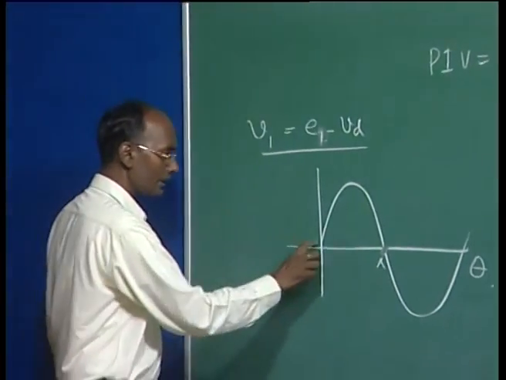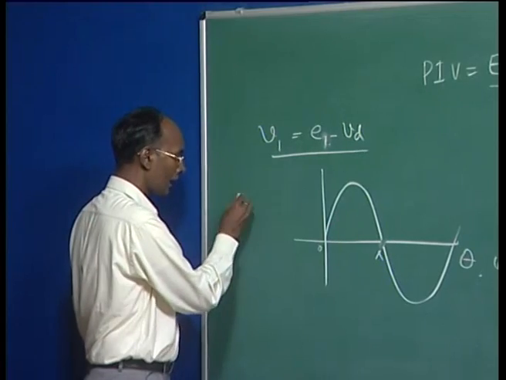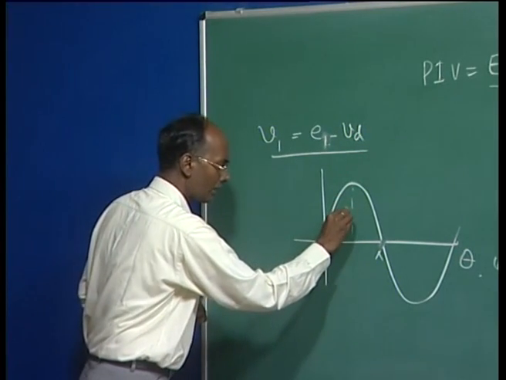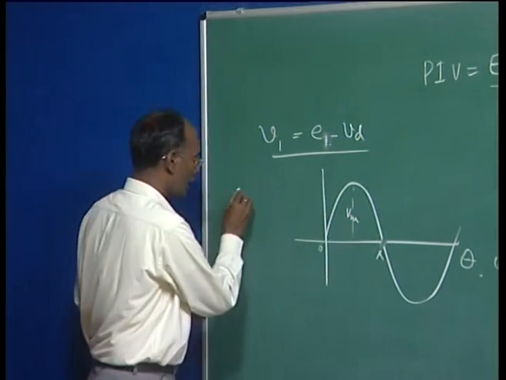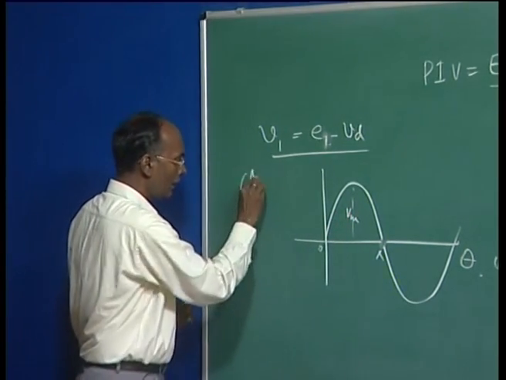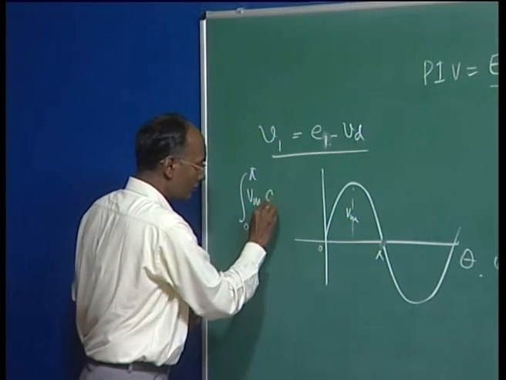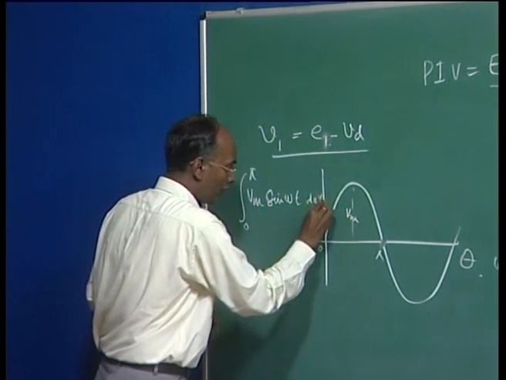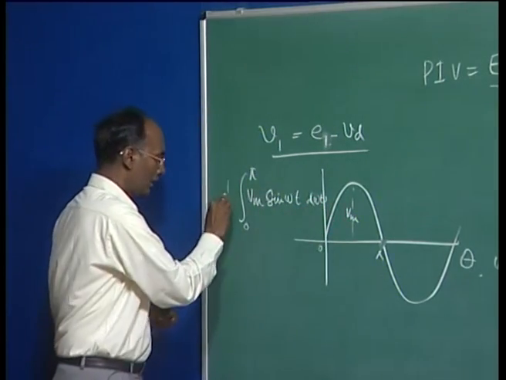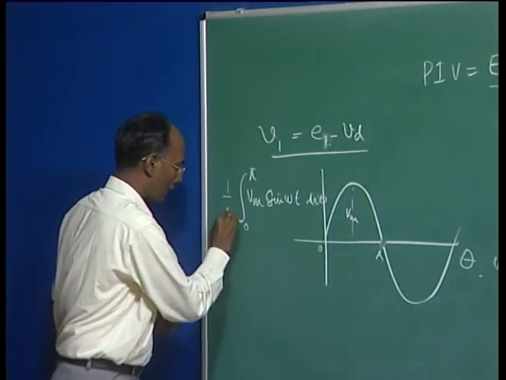Here we have taken Vm. So, I can say it is 0 to pi Vm sin omega t d omega t, and you take 1 over pi.